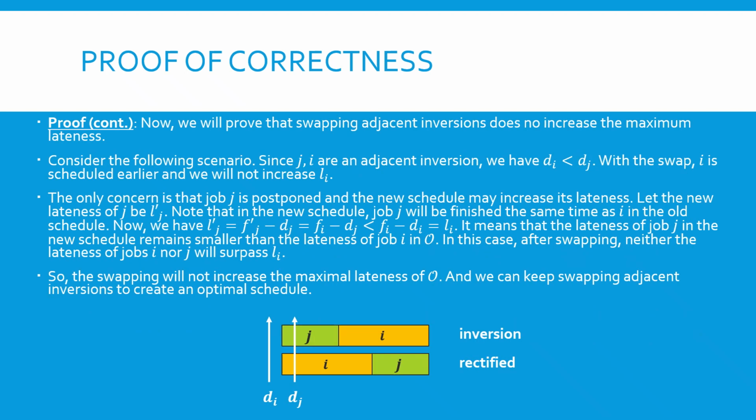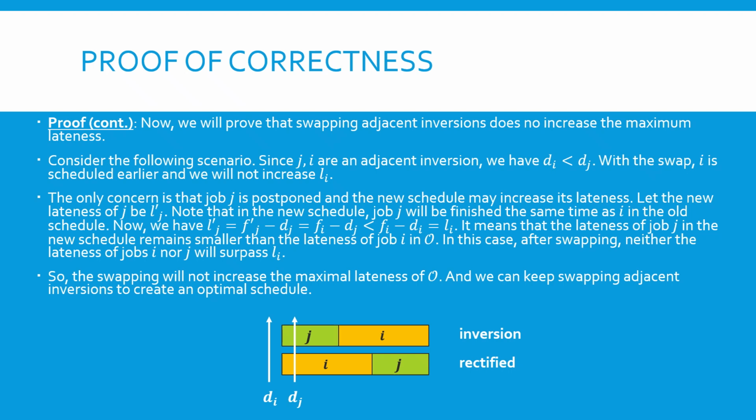We must show that swapping an adjacent inversion does not increase the maximal lateness. Consider two consecutive jobs, i and j, that form an adjacent inversion. That is, d_i is less than or equal to d_j, but j is scheduled before i. Because the schedule has no idle time, i and j run back to back.